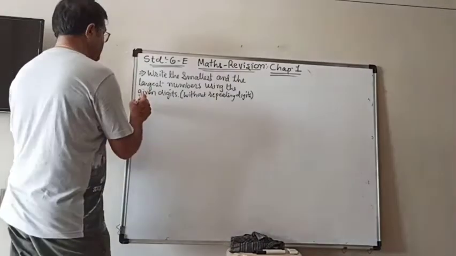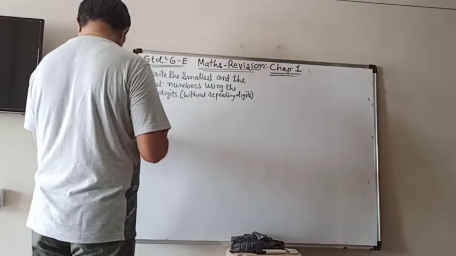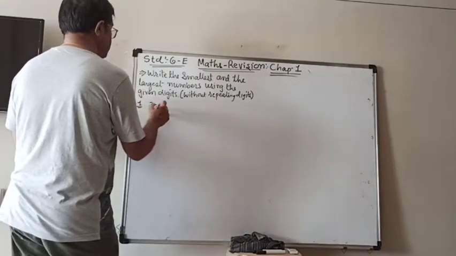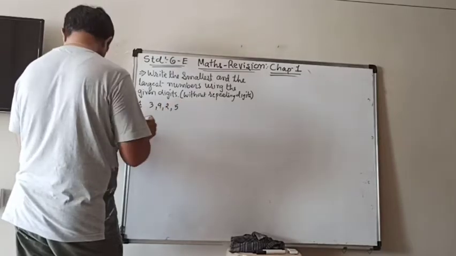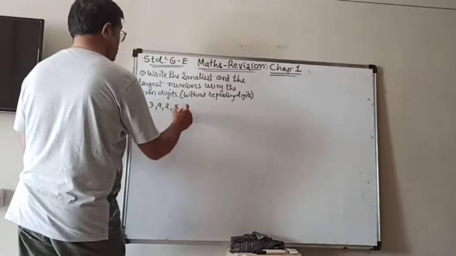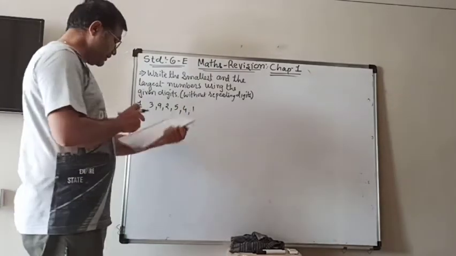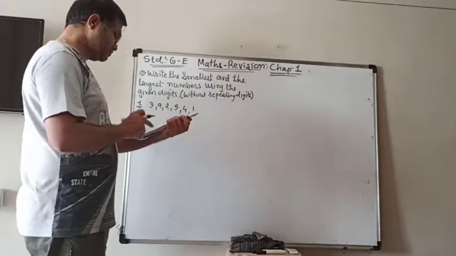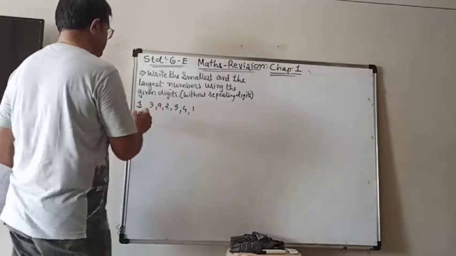So let's take the first one. The digits given are 3, 9, 2, 5, 4 and 1.